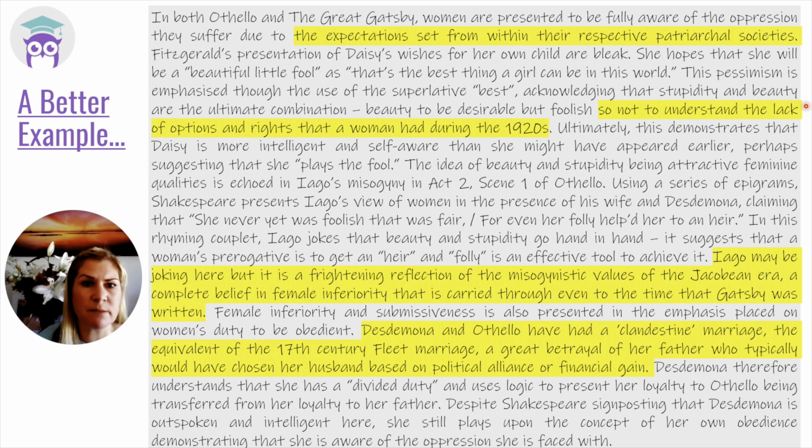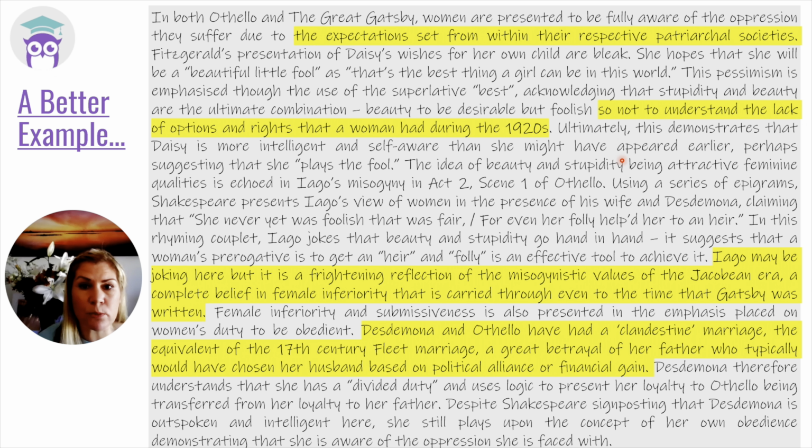This pessimism is emphasised through the use of the superlative best, acknowledging that stupidity and beauty, the ultimate combination, beauty to be desirable, but foolish so not to understand the lack of options and rights that a woman had during the 1920s. Again, doffing my cap to context. And it's actually being used there to expand the analysis.